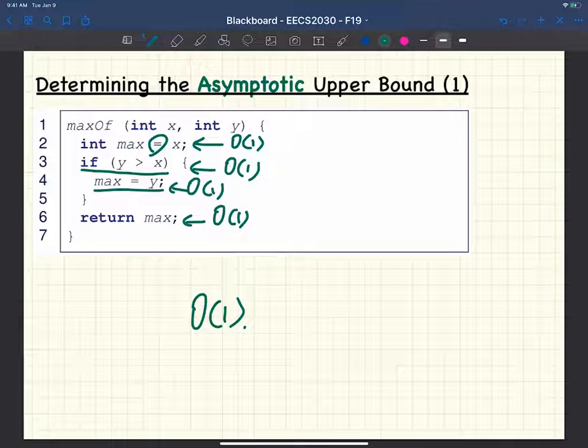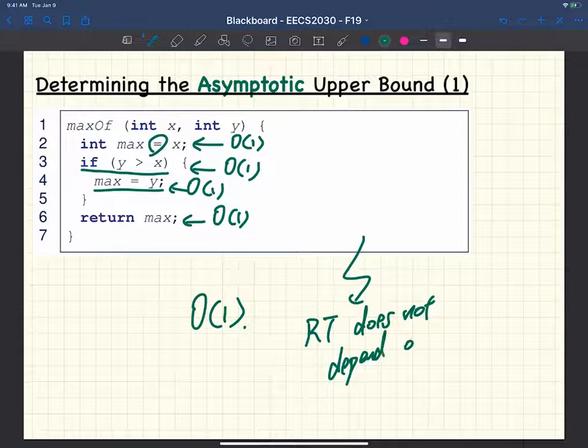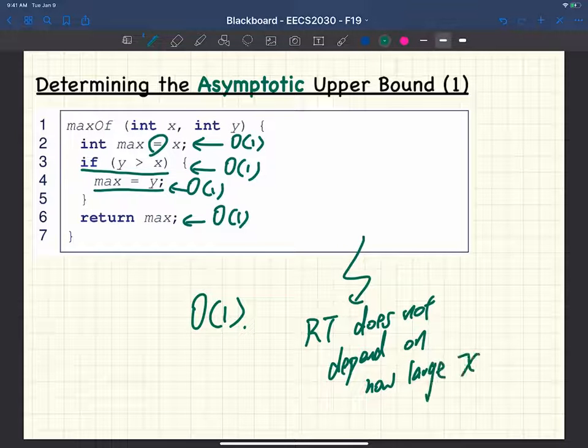Constant. Also, usually the very first program you do in Java, printing hello world, is also a constant time algorithm. It's even more constant.